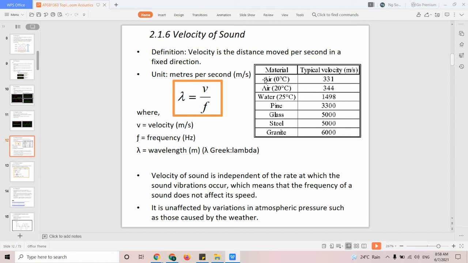You'll notice that when sound is moving through air, it will have about this level of velocity. But as the medium the sound is moving through gets more solid, the velocity increases.